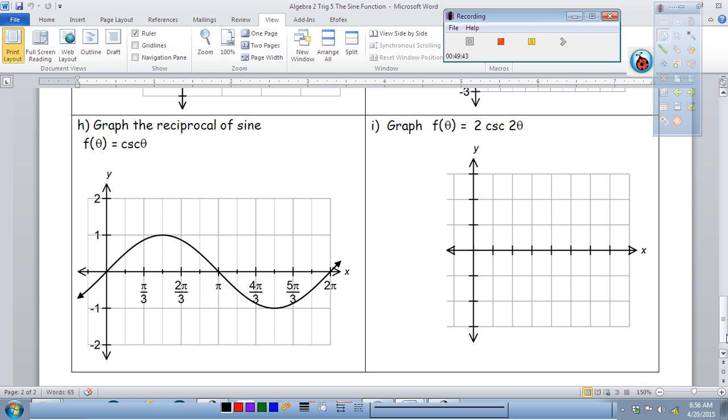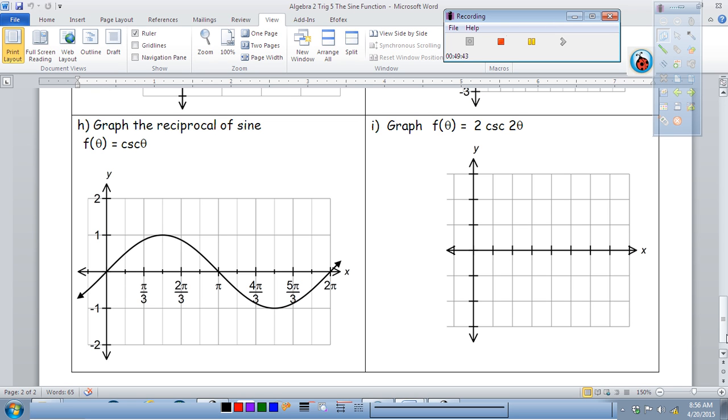How do you find the period? Alexa, what's the period for 2 pi over b? That's how you find this.